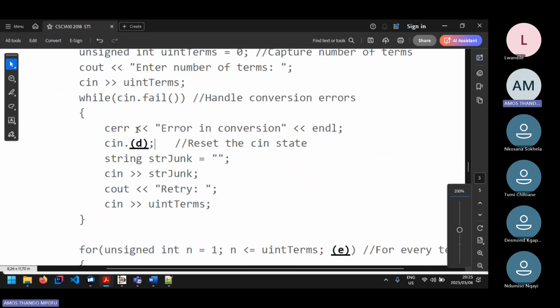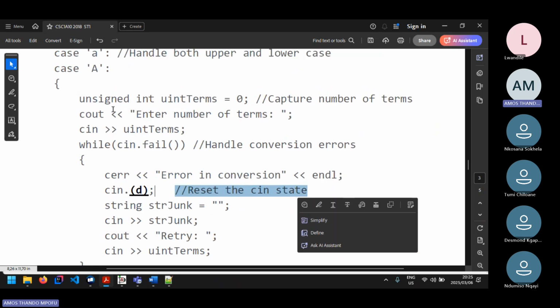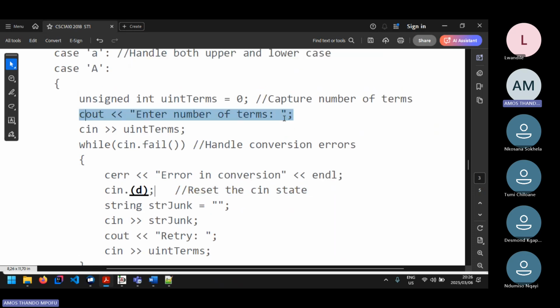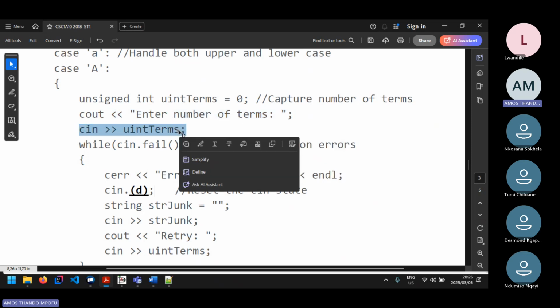So what's going on here? I need to reset the cin state. How do you reset the cin state? You call this function called clear. So what happens is, let's look at this example. I'm outputting the string enter number of terms, and then I immediately get the number of terms from the user. They're expected to enter an integer, but a user can enter a string.